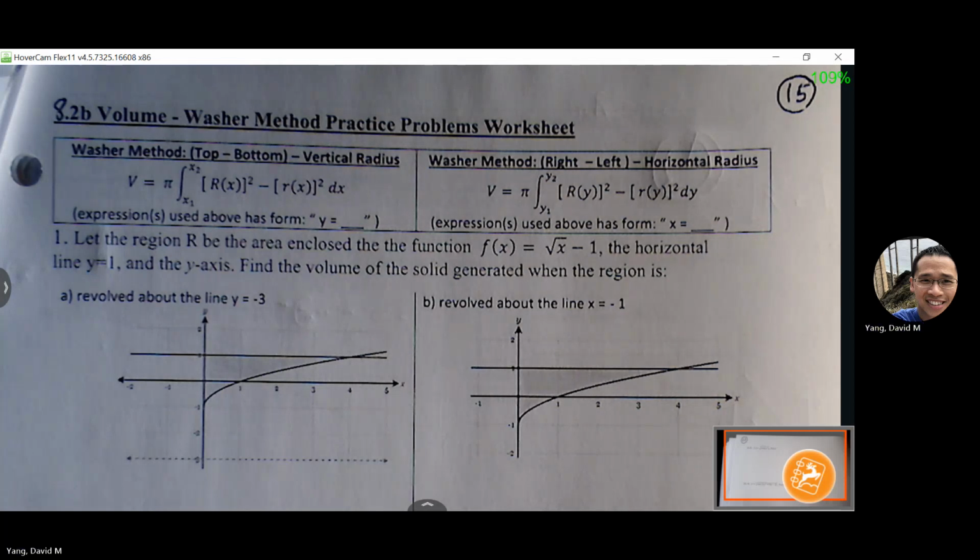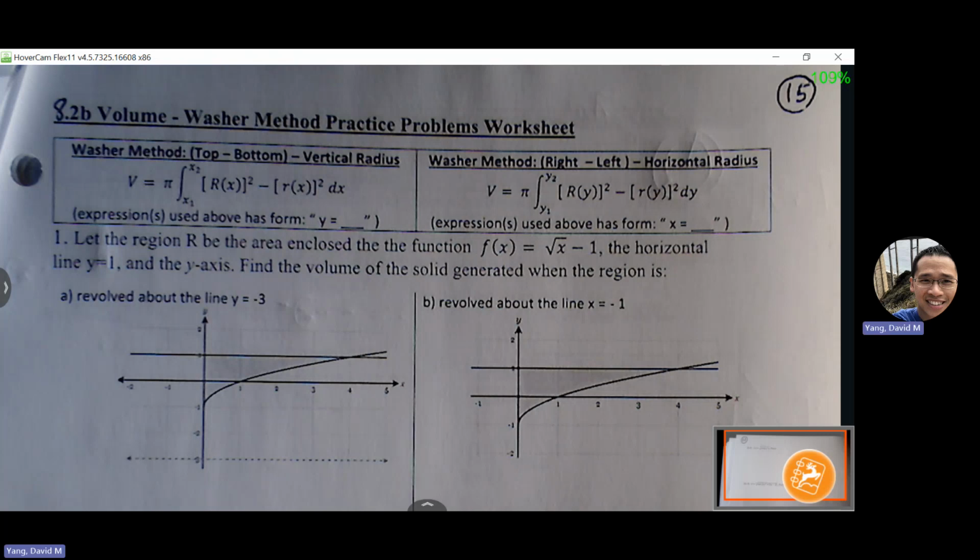Oh, question. Can't tell if this is disc or washer. You see there's a dotted line, so there's a gap between the region and the axis it's rotating around. Yeah, but if it's touching, it's not always that way. Well, it's not touching at all, so this is going to be washer method. The only chance that this can ever be disc method is if it's revolving around x equals 0 or y equals 1.